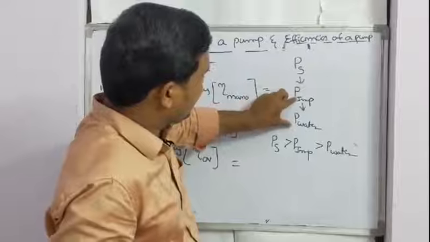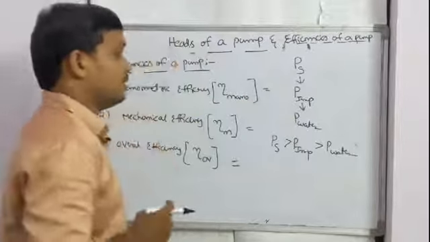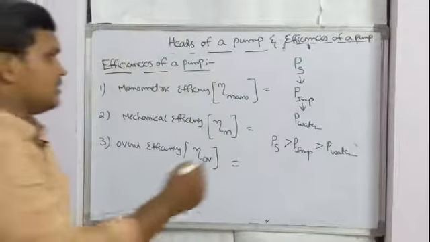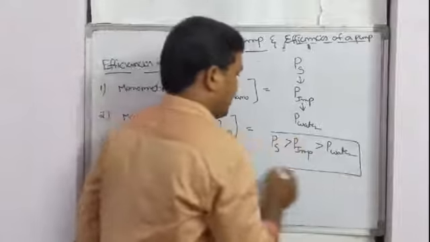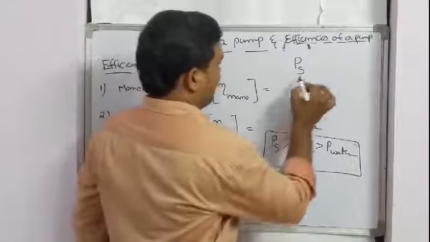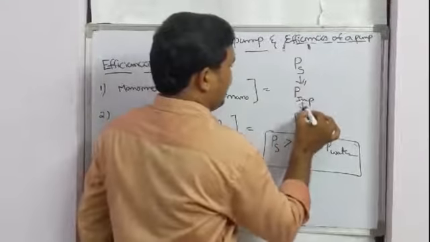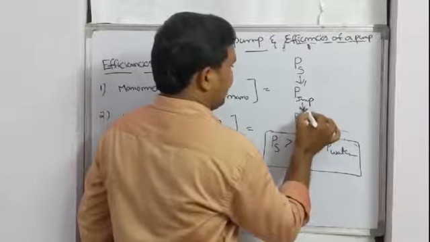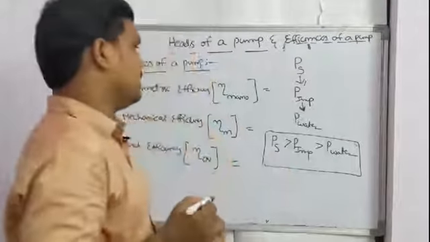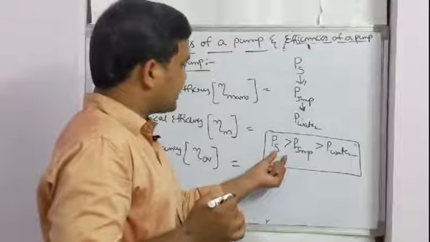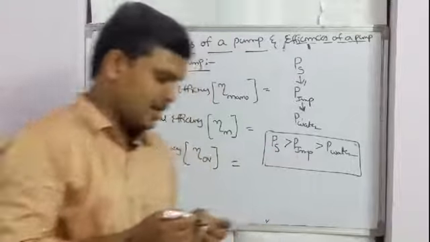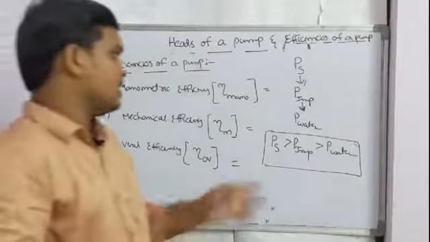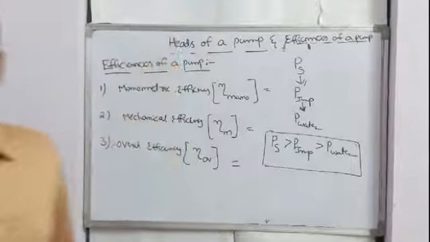From impeller to water, there is a conversion loss due to friction. So this is the flow path of any pump: the shaft power is transferred to the impeller, and the power is transferred from the impeller to the water.